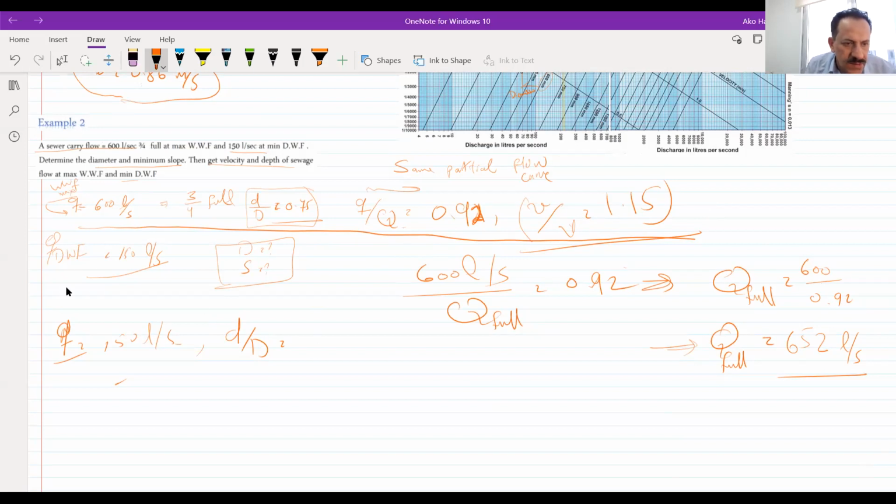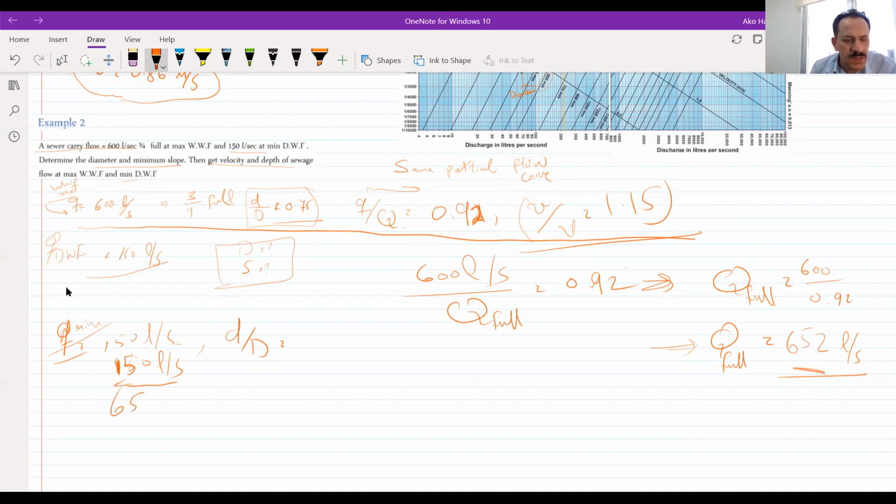Now, this is Q minimum, let me say 150 liter per second, divided by the total capacity of this sewer, which was how much? 652.